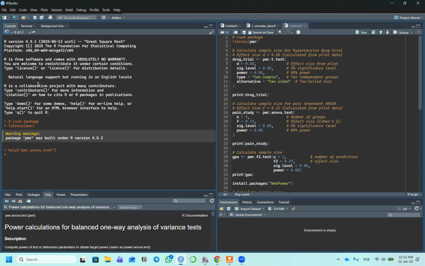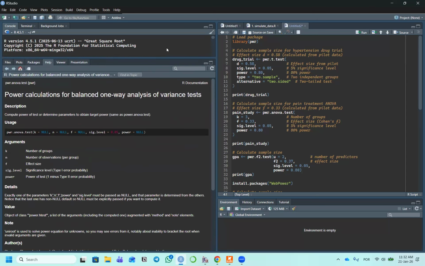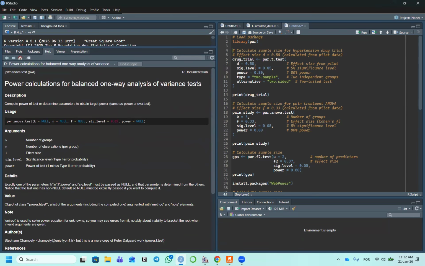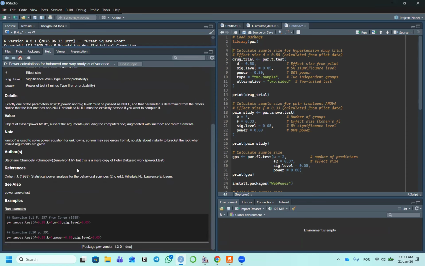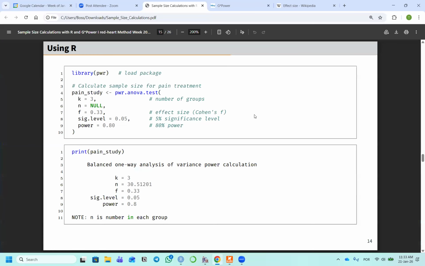If you click on it, you can get the function I'm talking about. You can read it here: power calculation for balanced one-way analysis of variance, and what is k, what is n, what is f, what is the significance level. So I'm using this function, and I set my parameters, simply run it, and I end up with 31 patients for each group, 31 for each group.